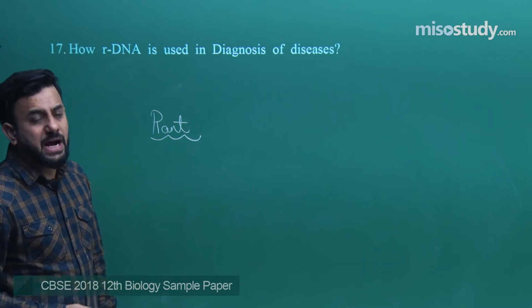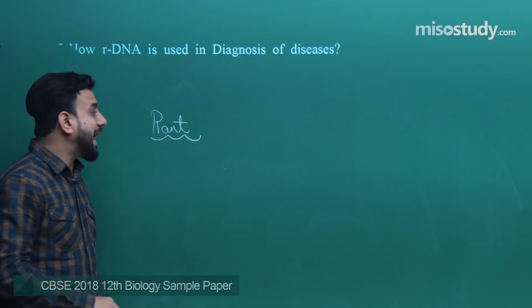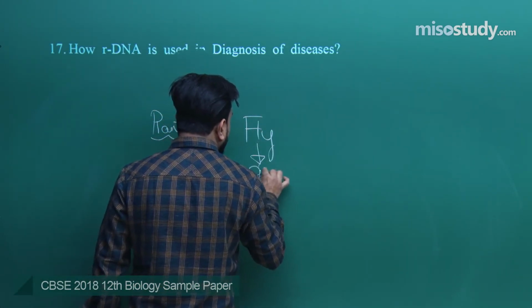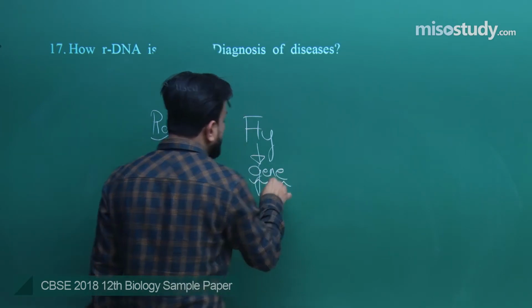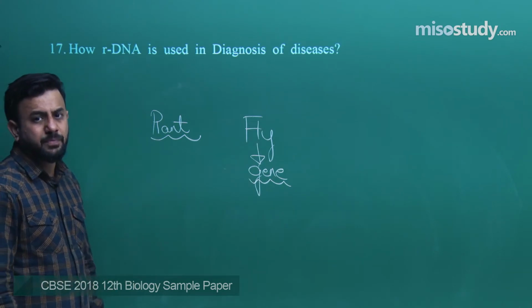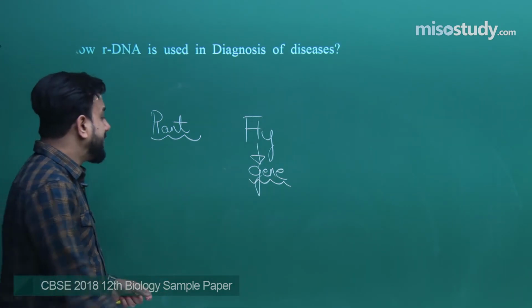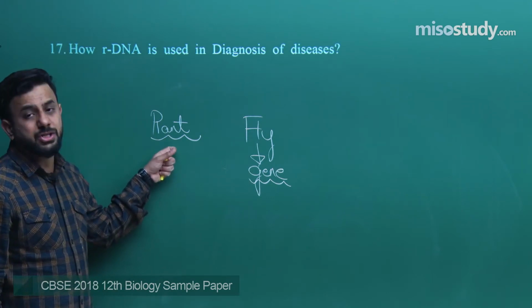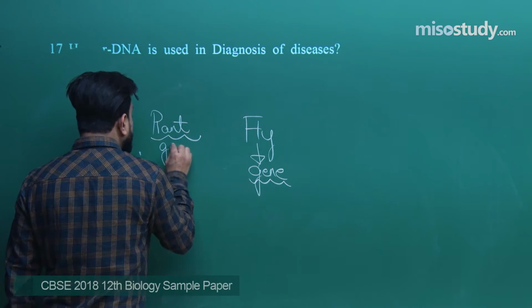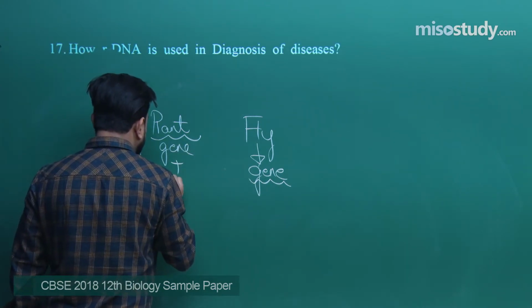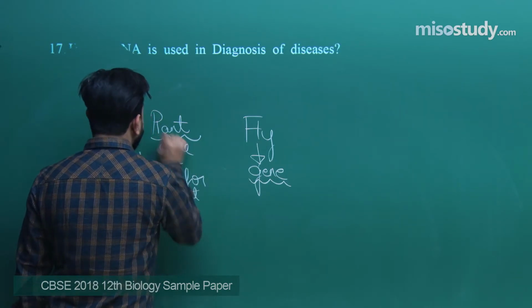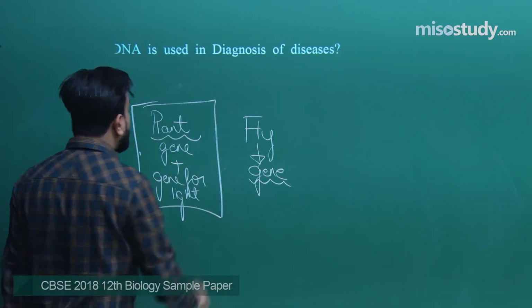So scientists can isolate the gene of that fly which is producing the light, and put that gene in the plant. They will take this gene and combine it with that of the plant. So the plant gene plus the gene for light of the fly, this will combine, and this will be known as a recombinant DNA.